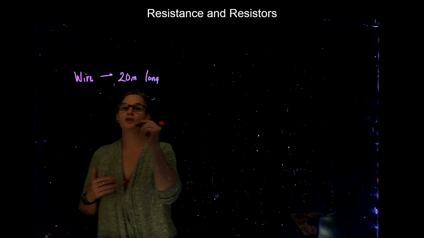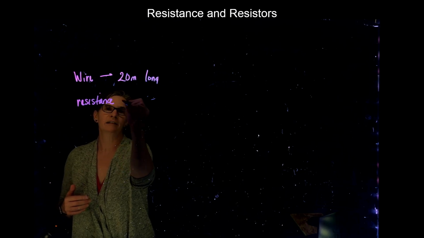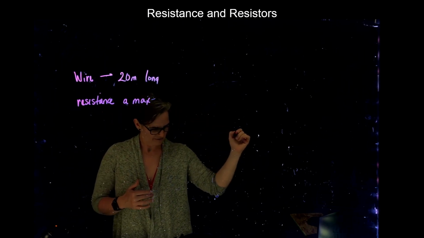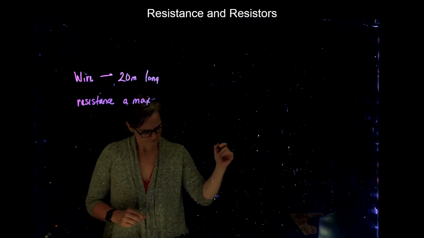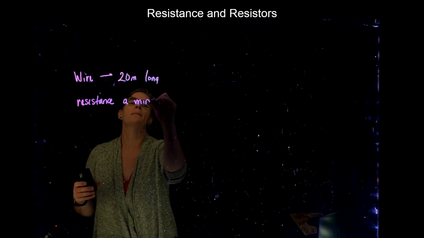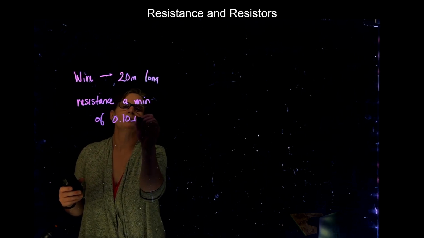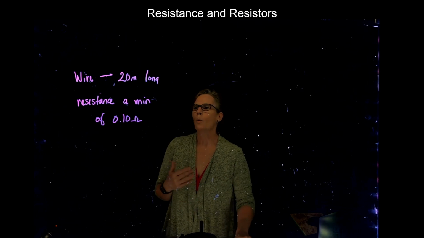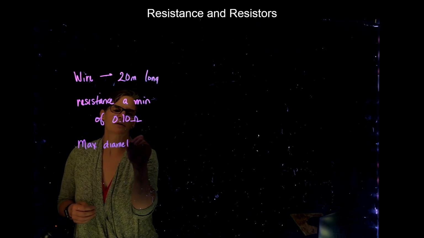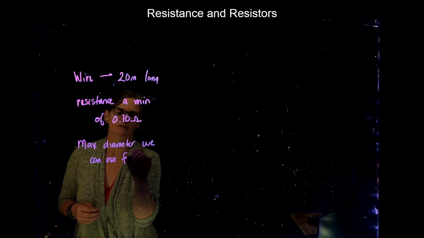You need to make sure that the resistance in the wire itself is at a maximum of 0.10 ohms. I gotta look at my problem. Okay. What is the maximum diameter that we can use for a copper wire?